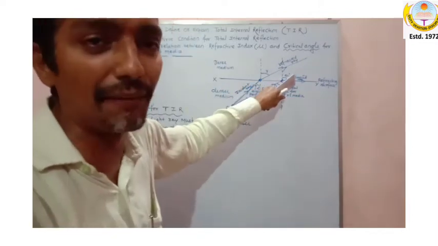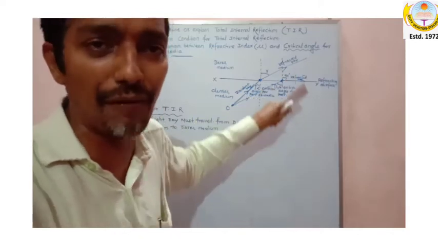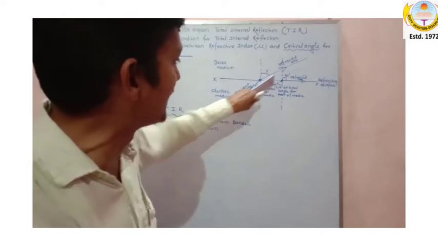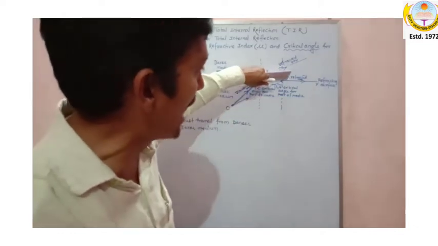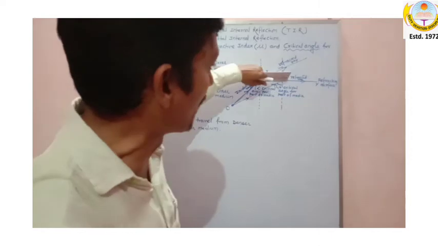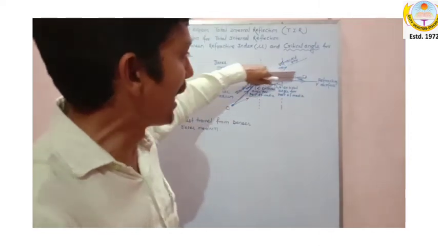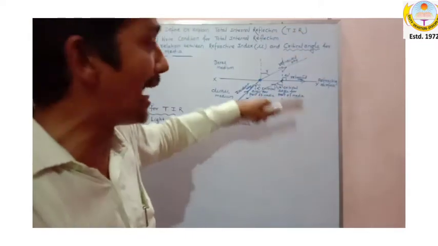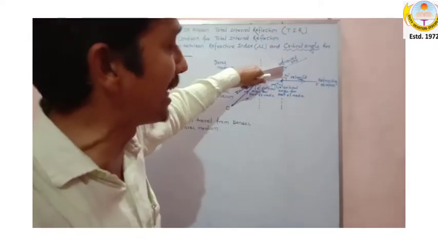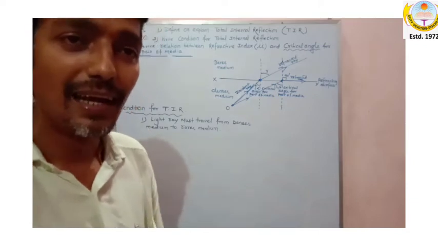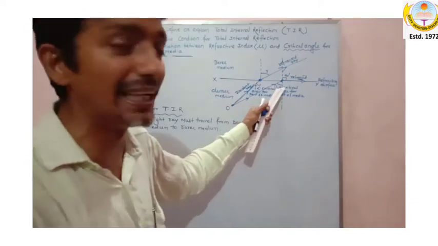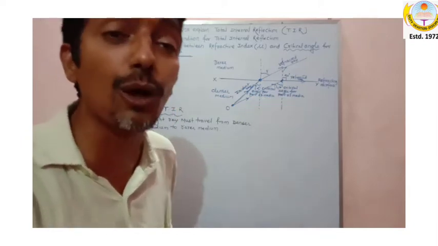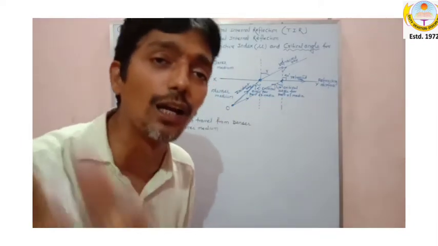The refracted ray will of course be in the other medium, because refraction happens only when there are two media. So if I take the incident ray in the denser medium, this refracted ray I am drawing on the refracting surface, but it is formed in the rarer medium. And how much is the angle of this refracted ray? 90 degrees.